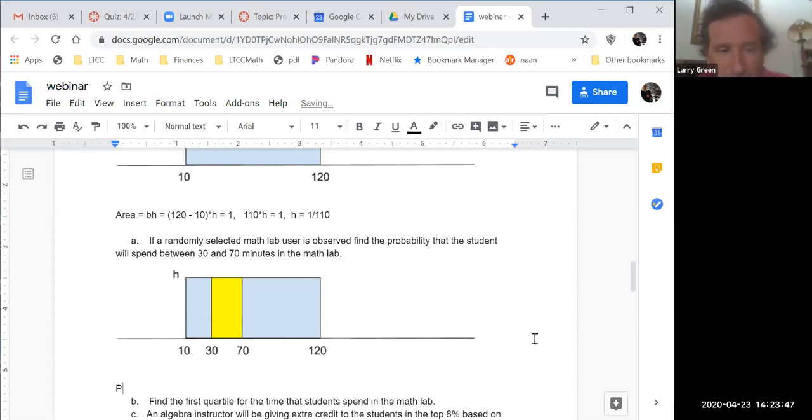So probability that 30 is less than X, which is less than 70, is equal to, so if you remember, probability by definition is the area. Well, we have another rectangle. That yellow is a rectangle, isn't it? So that's going to be the base times the height.